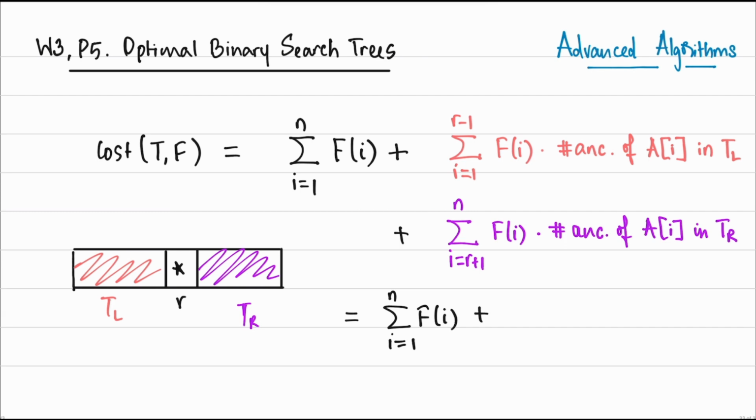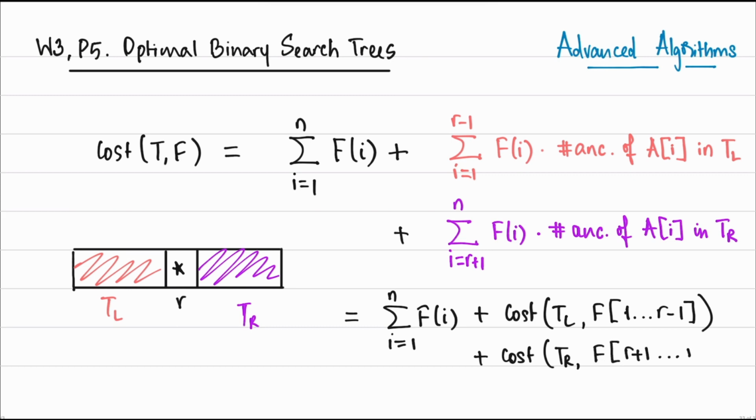So we can think of this as the cost associated with TL for the frequency array, but now it's not the entire frequency array, it's just the frequency array going from 1 to R minus 1, and the cost associated with the BST TR with a frequency array of R plus 1 up to N. Okay. So I hope this method of breaking the cost down makes sense.